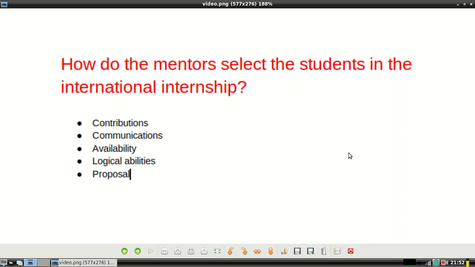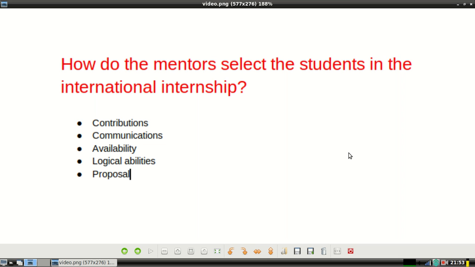From your contributions, as a mentor we judge whether this student is capable of completing the project in the future or not. If we select this student, then he or she will have to spend 3 months on the same project, and we judge whether he or she is capable of handling the bugs and things going on with their studies and work, whether he can complete the project or not.